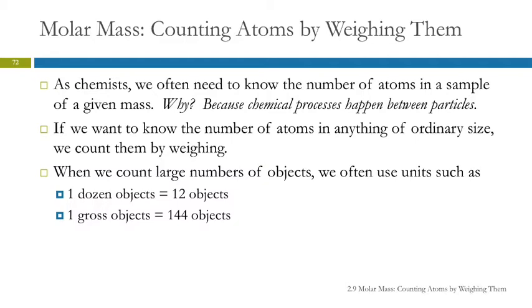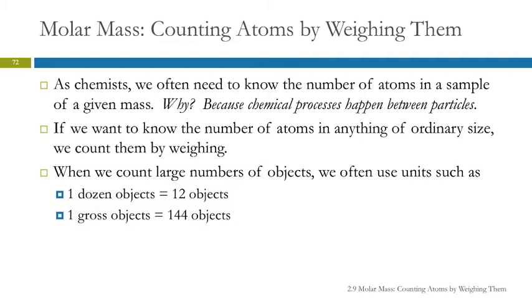We also use counting units when referring to numbers of objects. The one we're most familiar with is the dozen. What's a dozen? It's 12 things. You can have a dozen of anything, right? You could have a dozen children, a dozen donuts, a dozen countries, anything.